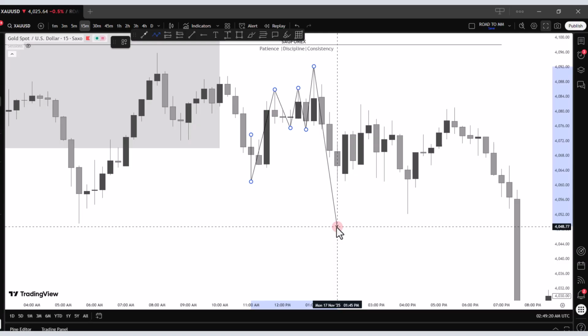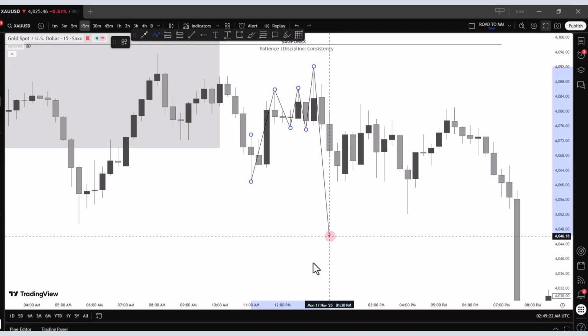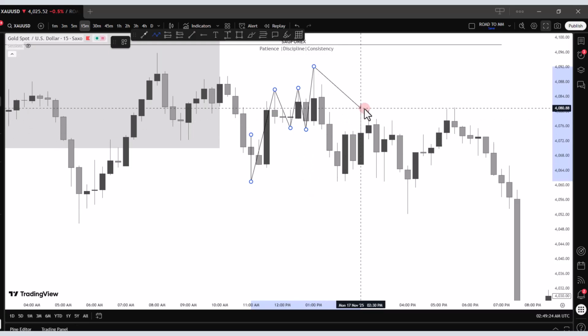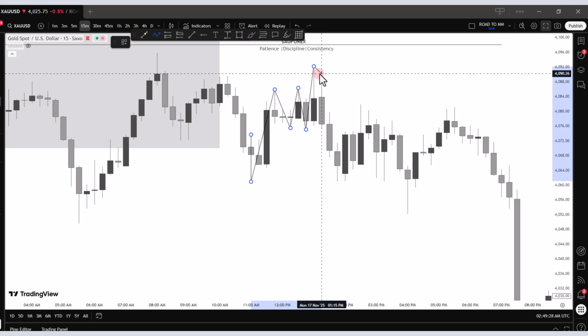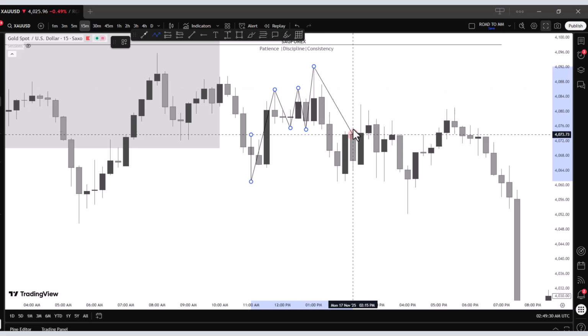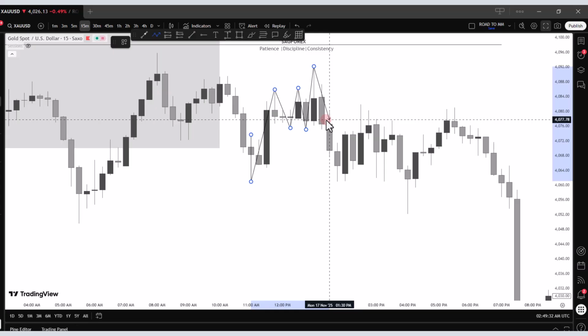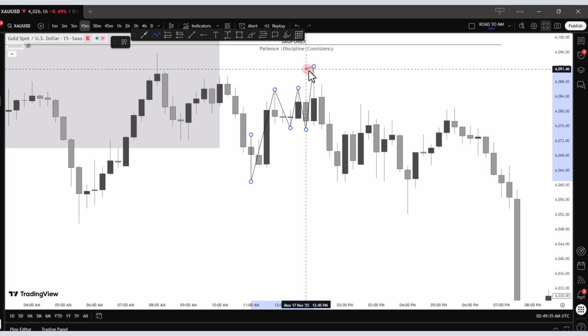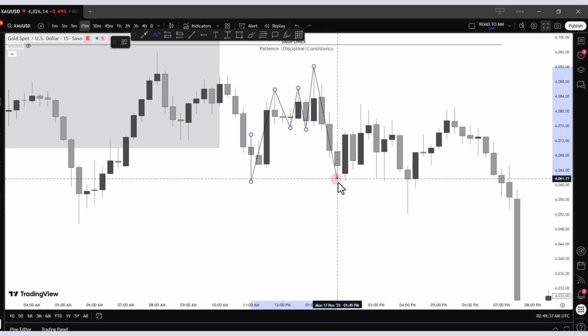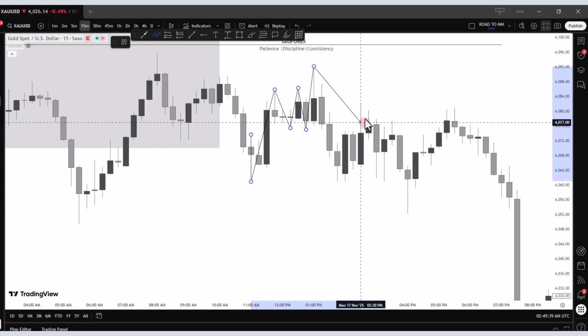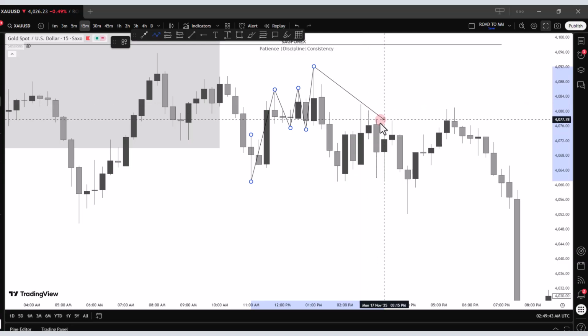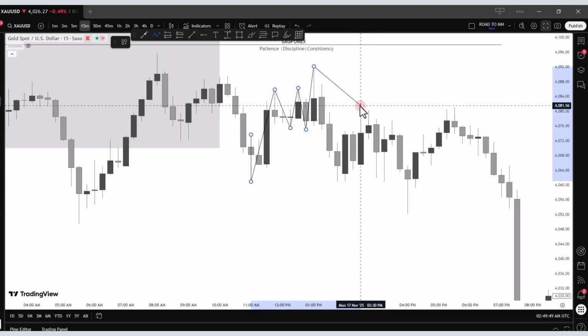So whenever you see two swing highs in a row, you definitely have to take one into consideration and ignore the other one. For example, we've seen a swing high from here, but when you go through, there is no swing low, and all that we could have is another swing high over here. Then we move until we've seen a swing low over here. So this particular swing high, we are going to ignore it.